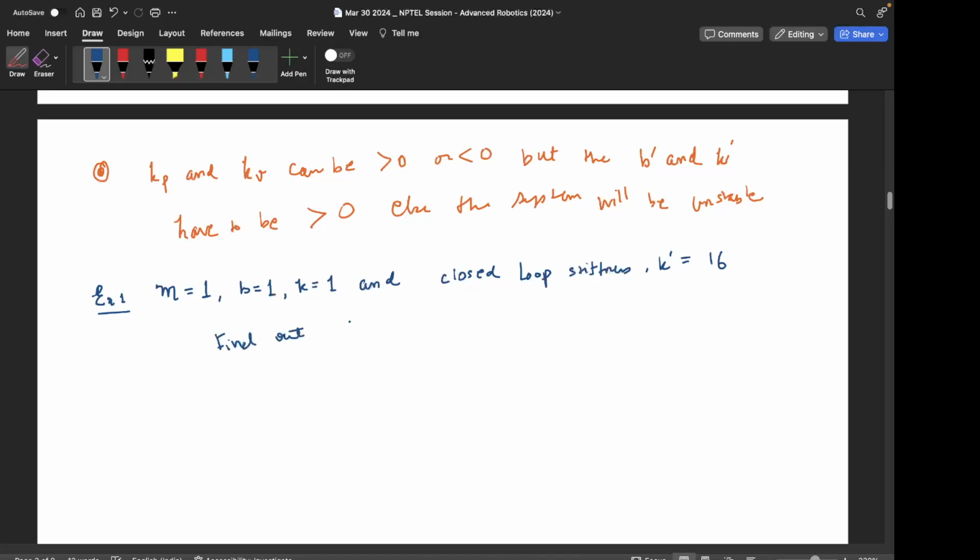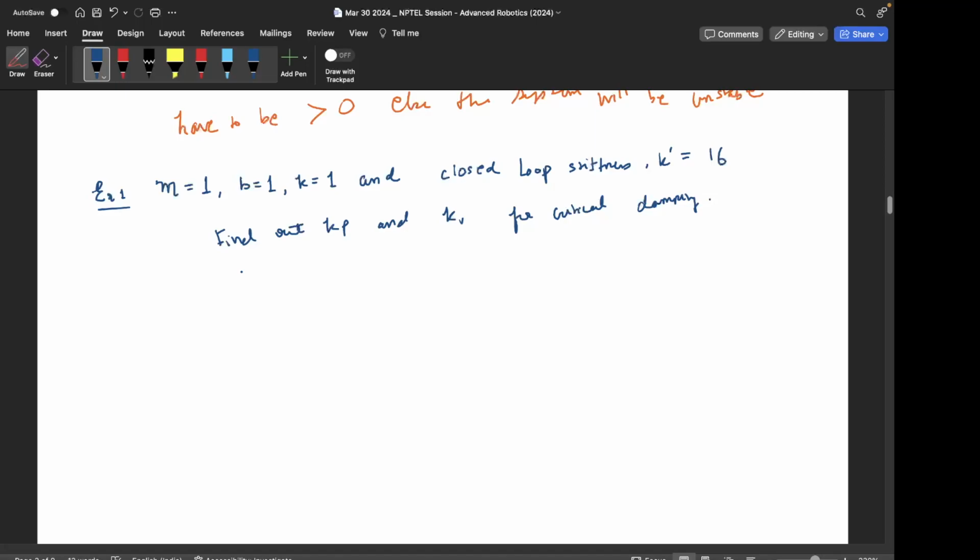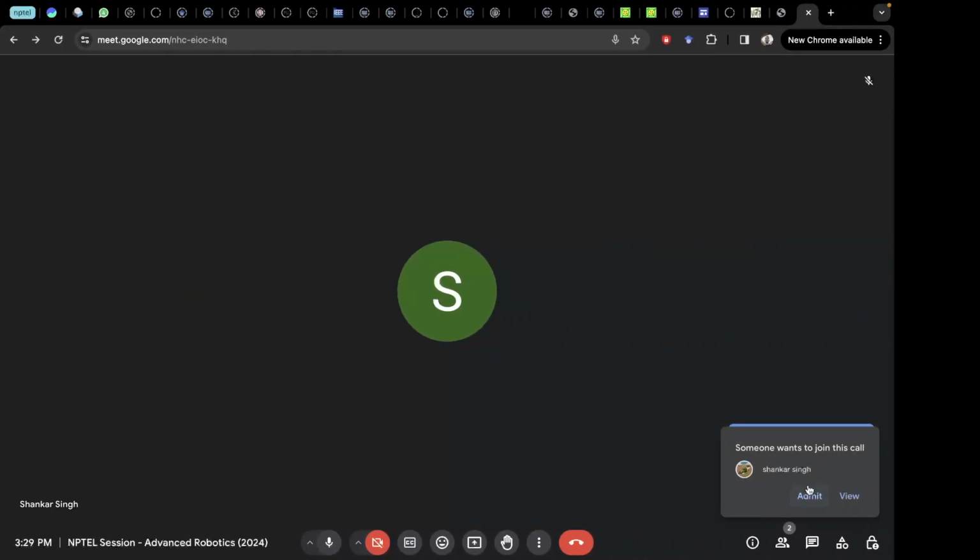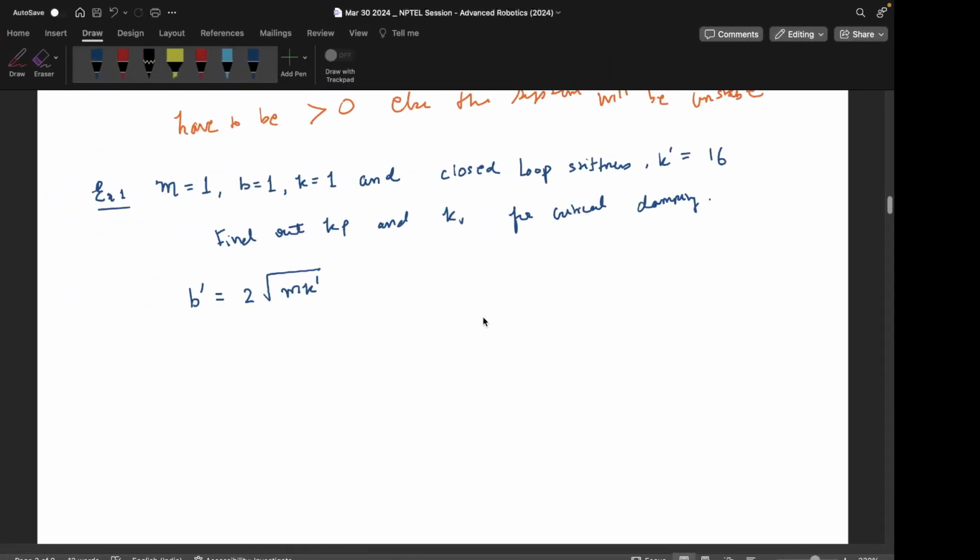So we will have to find out kp and kv for critical damping, right? So we will directly use the above relation, that the closed loop stiffness and damping should satisfy the criteria for critical damping, right?